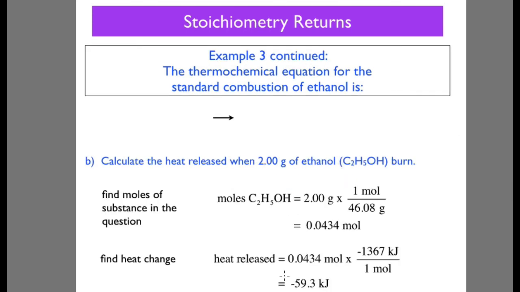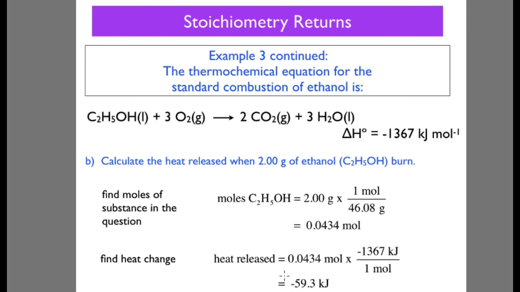Example 3, continued. The thermochemical equation for the standard combustion of ethanol is as follows. Calculate the heat released when 2 grams of ethanol burns. It'll be a 2-step procedure. First, we'll find the moles of the substance in question, and we'll do that using the molecular mass.